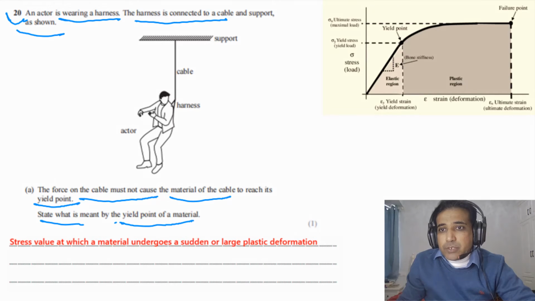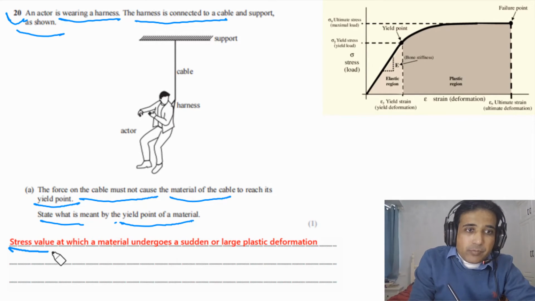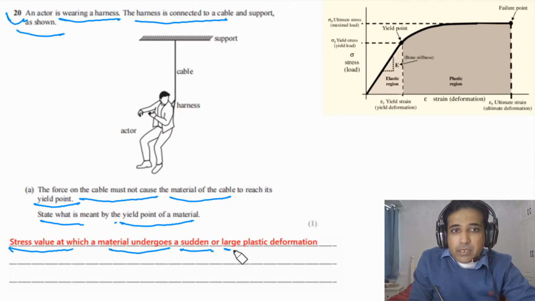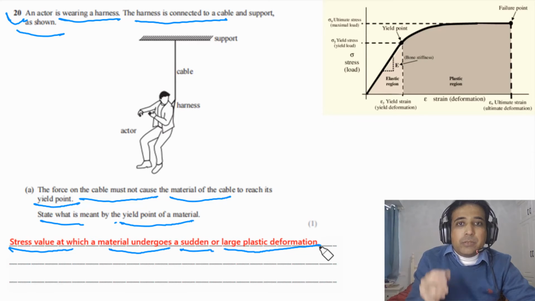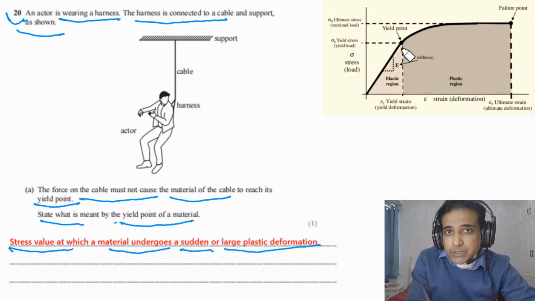So this is how you can write down your proper answer. In the answer you can simply mention the stress value at which the material undergoes a sudden or large plastic deformation. That stress value is the yield point. You can see on this figure, this point is the yield point.